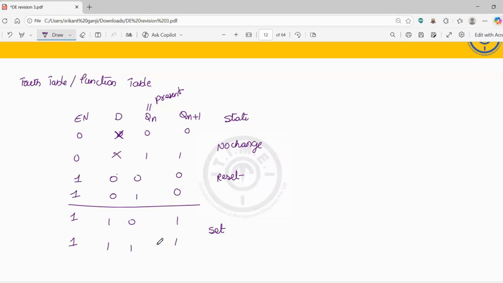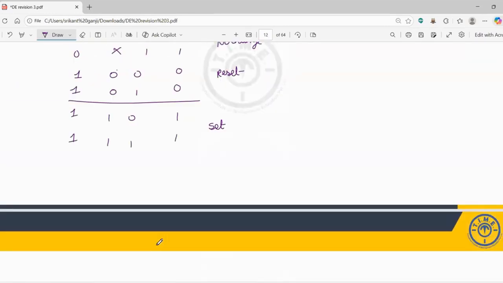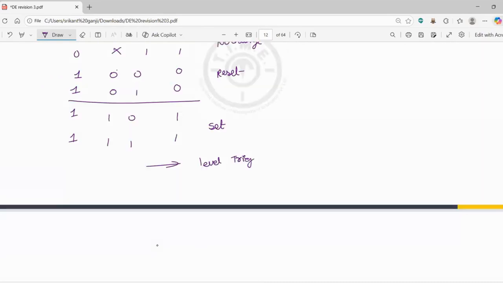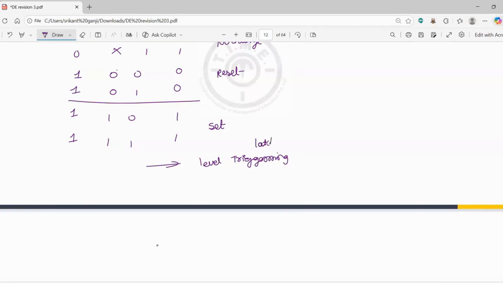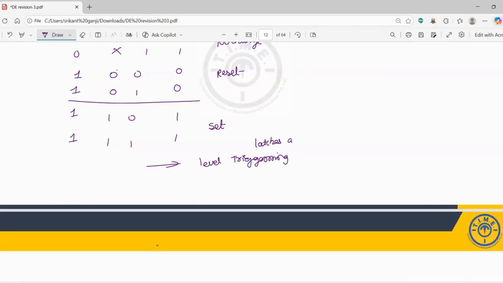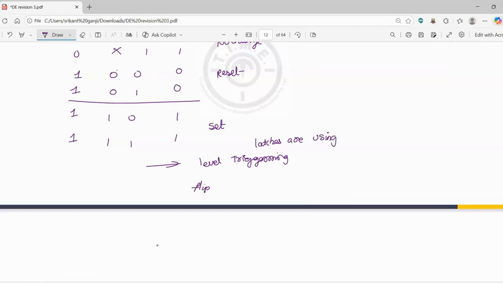Okay, so now see, latches are used as level triggering, and flip-flops are used for edge triggering. This is very important. Latches are using level triggering, but flip-flop is a memory element, right?